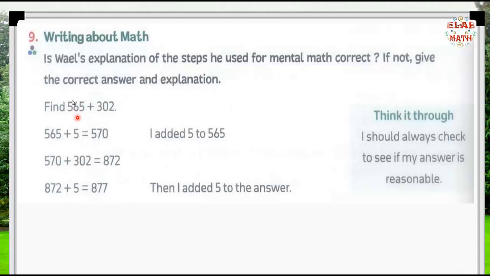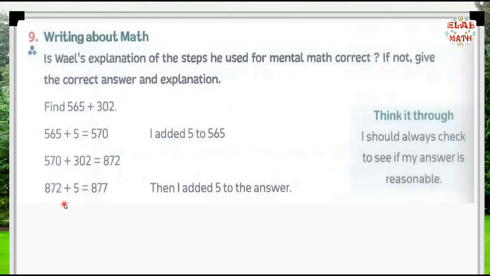Because we changed it, or Wael added 5 here. 570 plus 302 equals 872. You should take this number. This is the last step. You should take this number and subtract the same amount you added in the first step.